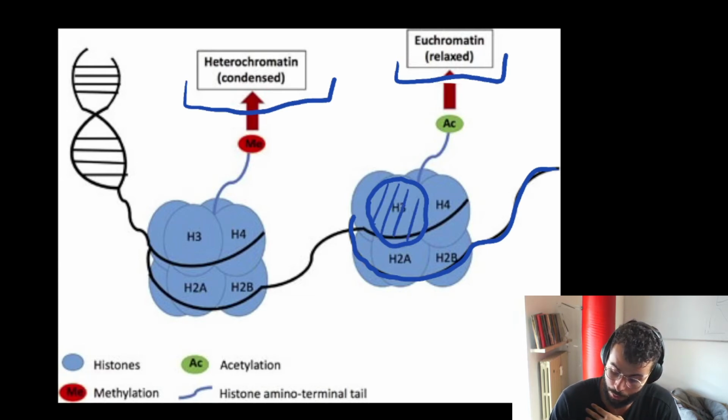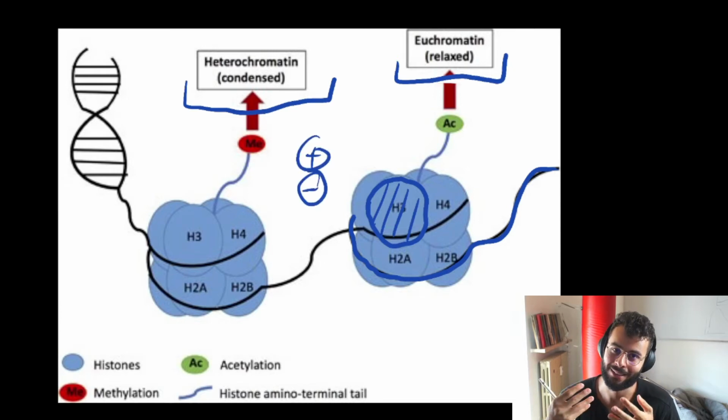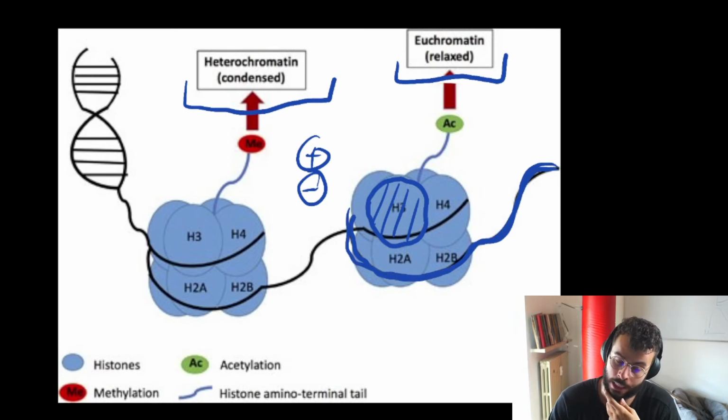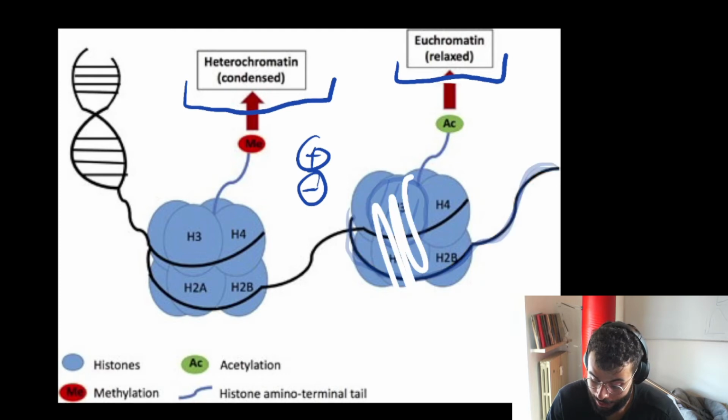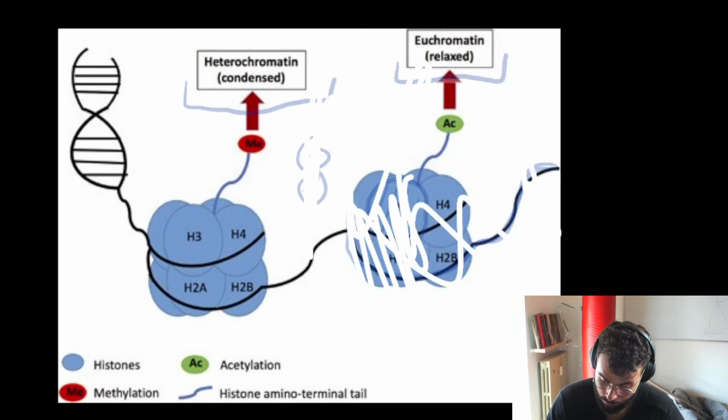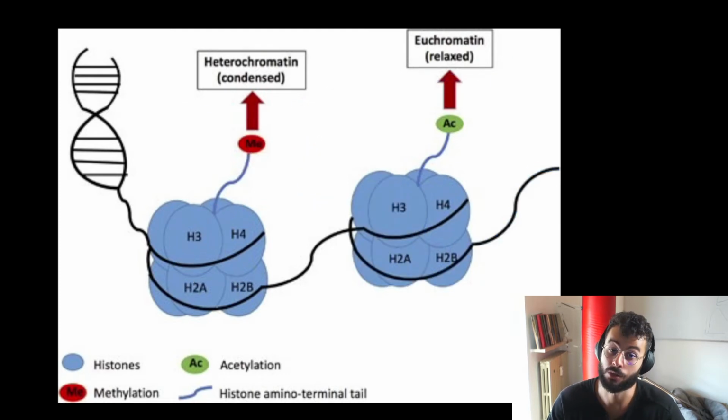Now, when we combine plus and minus, they will naturally want to attract each other. Therefore, you have the compaction of the DNA around the histones. However, if we add specific functional groups to the histones or to the DNA itself, but now we are talking about the histones, we will get the formation of either euchromatin or heterochromatin.